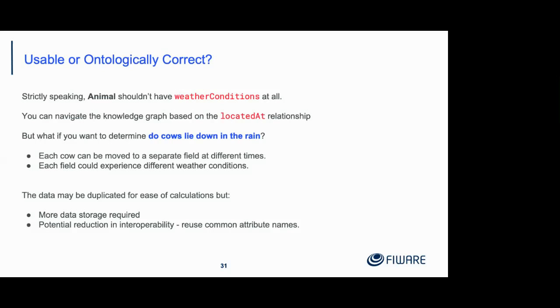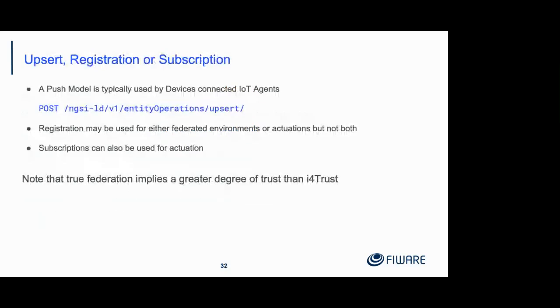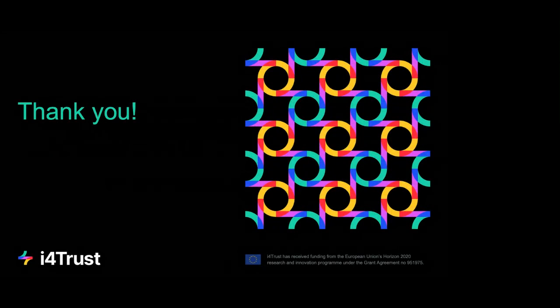It's more important that your data is usable than it is ontologically correct. And if it is simpler for you to get hold of the information by upserting into your animal entity, I would say update your animal entity. And that was the last exercise I wanted to get done for this session.